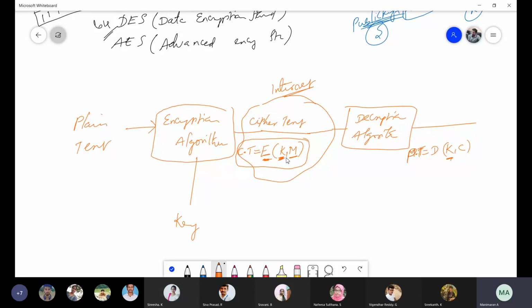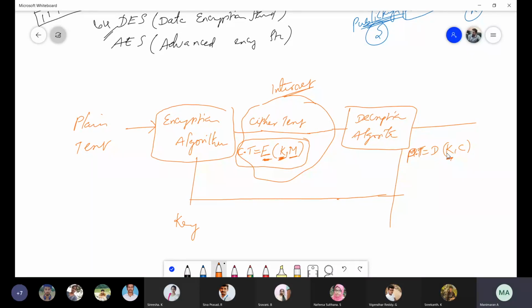So what is this key actually? This key is the same key if it is symmetric key cryptography. That's what I told you. Whatever key is used by the sender at the sender end, the same key has to be sent by the sender to the receiver before converting the plain text into ciphertext.